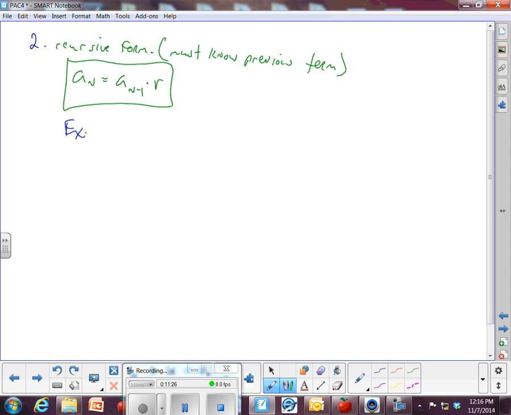Let's suppose we had the very boring sequence of 1, 5, 25, 125. But it would be 625 next.